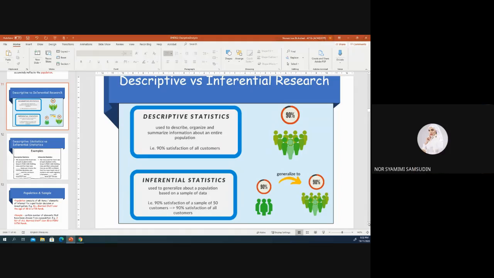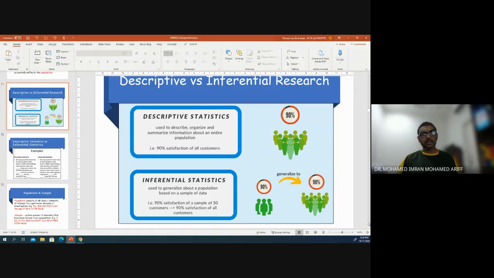So maksudnya dia tak perlulah sampai 100 plus pun kan? Even 5 orang expert tu pun dah memadai. Is it something like that? Yeah. The 5 experts are experts. Sewaktu in 1980-an semua, bila kita baca journal mengatakan bahawa your experts tak boleh lah sampai 5 orang, 6 orang, 7 orang.